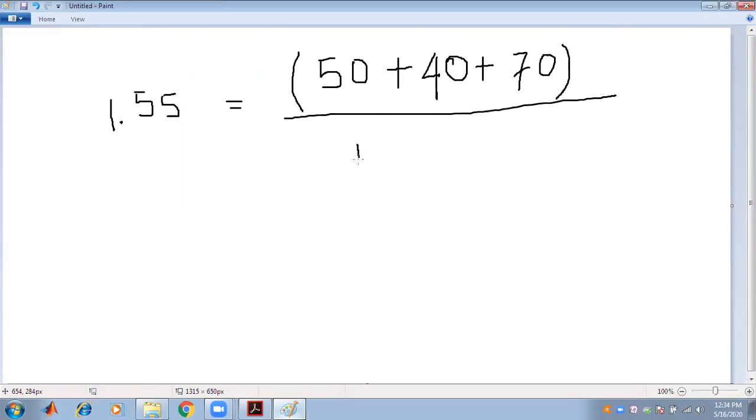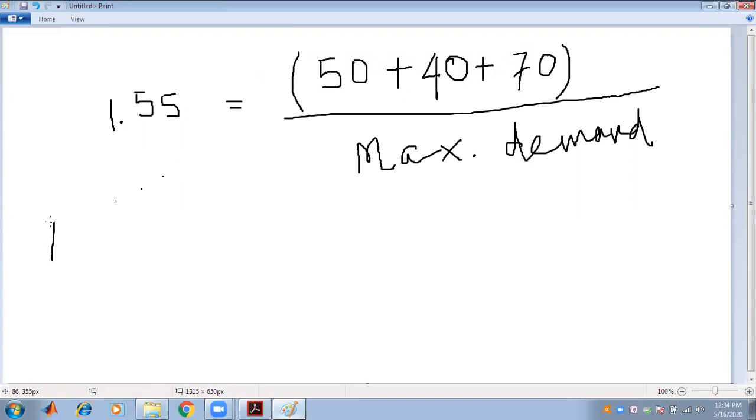The peak loads of the power station are 50 plus 40 plus 70 megawatt. Our first task is to find the maximum demand of the station. So this is the relation of the diversity factor. It is given 1.55. It is the sum of the individual peak loads, 50 plus 40 plus 70, divided by the maximum demand.